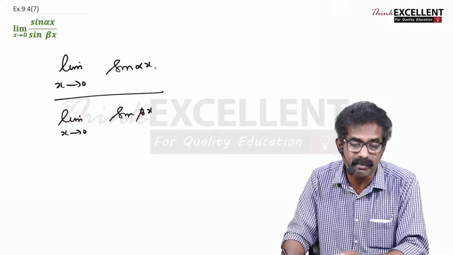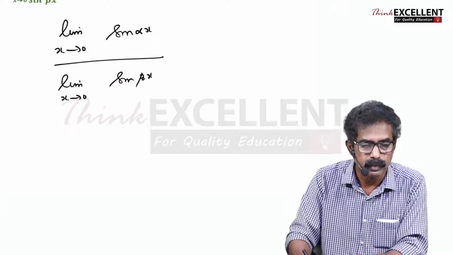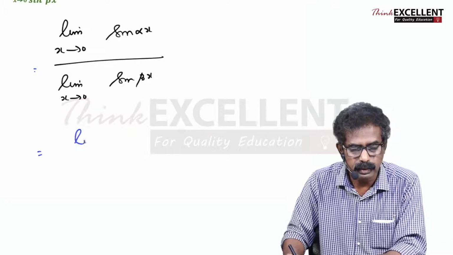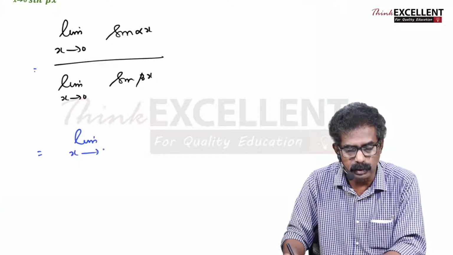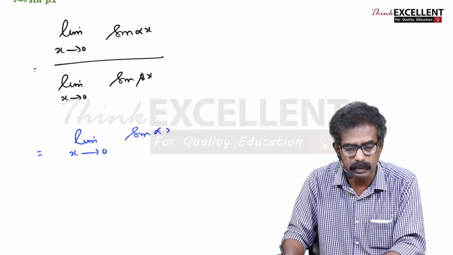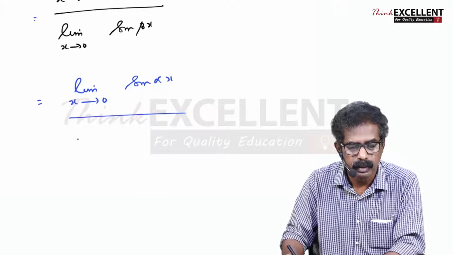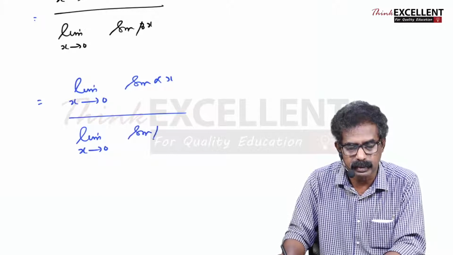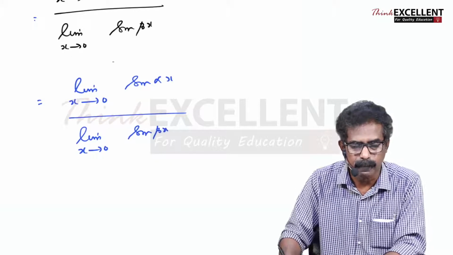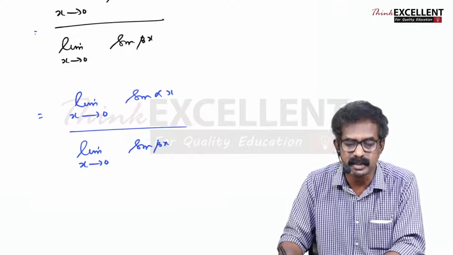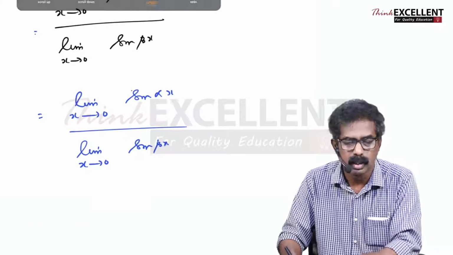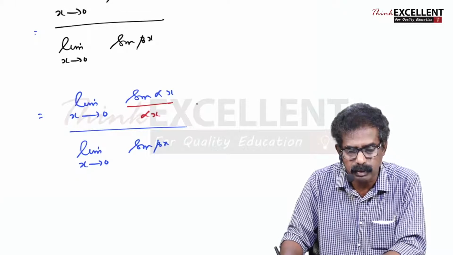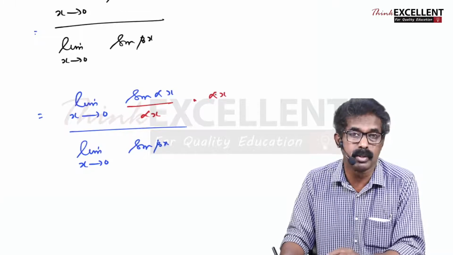Since we have alpha x, in the next step we do limit x tends to 0, sin alpha x by limit x tends to 0, sin beta x. Listen here carefully. Since we have alpha x here, in the denominator we want alpha x, right? So I am dividing by alpha x, so multiply by alpha x also, because value should not be changed.